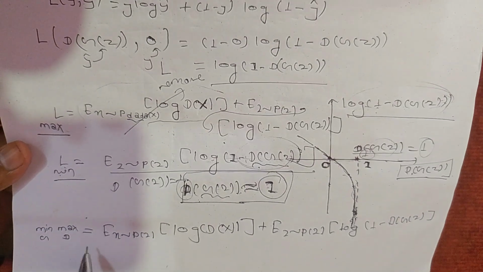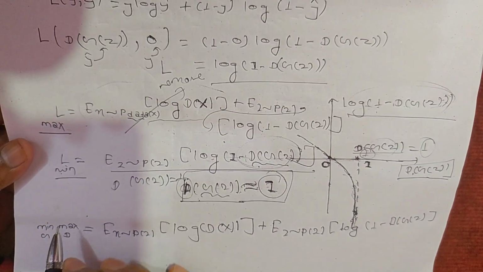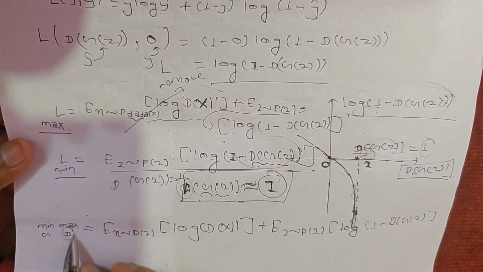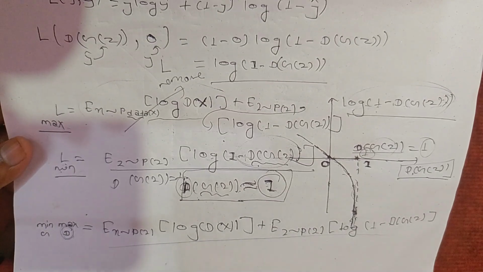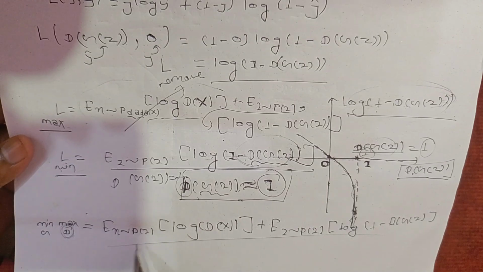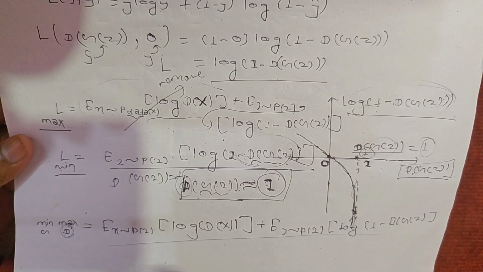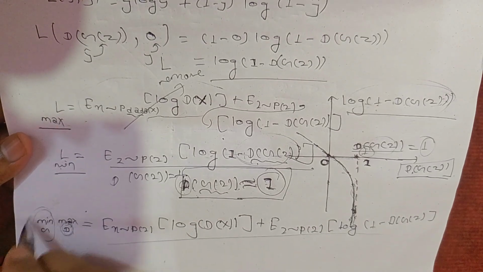We have to maximize this according to the discriminator, and we have to minimize according to the generator.